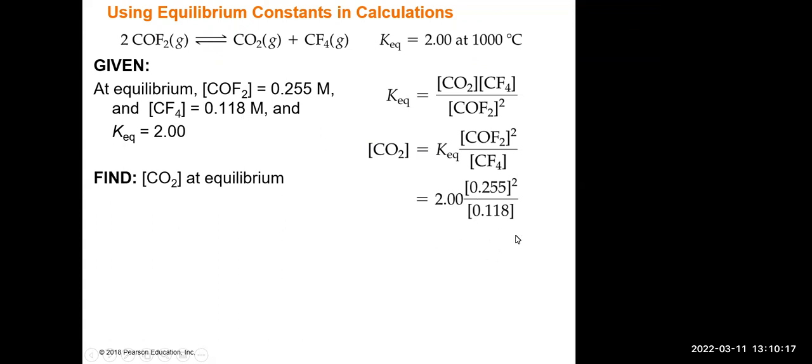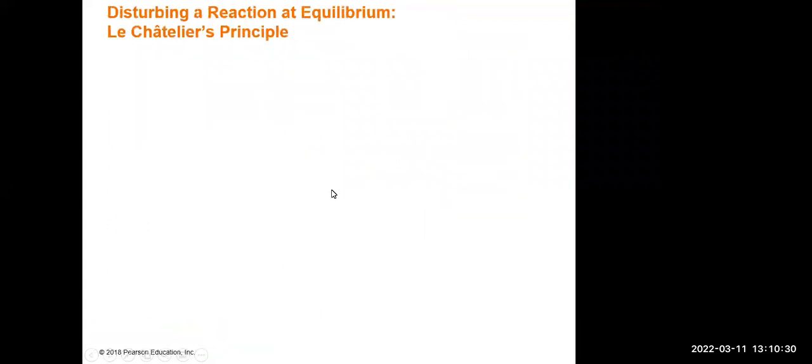So there are these three numbers. Use your calculator and you get 1.10, which means this 1.10 capital M, a molarity, is the concentration of CO2 at equilibrium in this setting. So we are also doing some of those qualitative analysis.